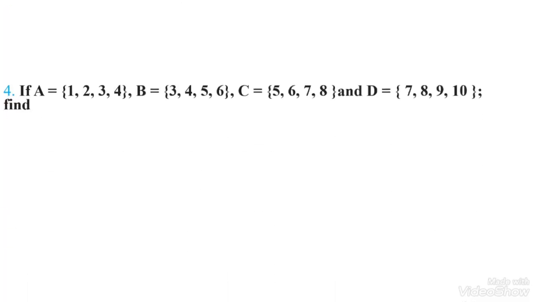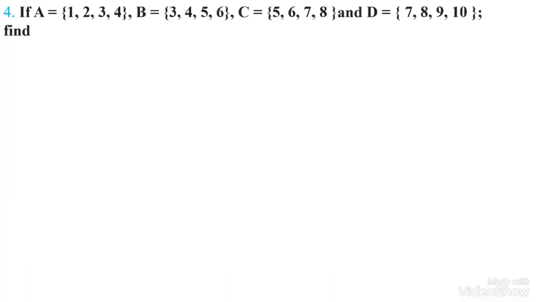Question number 4. If A is equal to the set containing the elements 1, 2, 3, 4 and set B containing the elements 3, 4, 5, 6 and C is the set containing the elements 5, 6, 7, 8 and finally the last set D containing the elements 7, 8, 9, 10. Okay, we have to find them one by one.